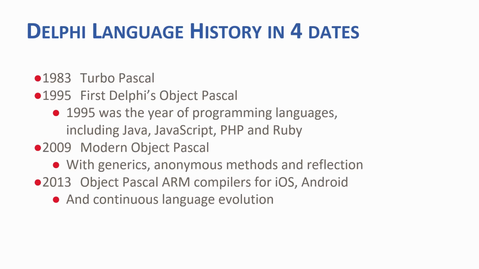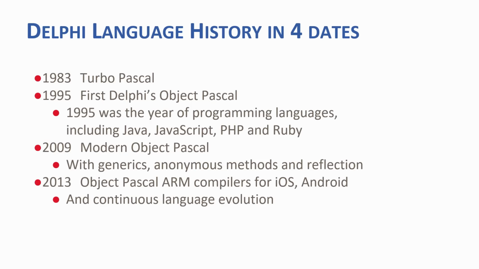So the beginning of Object Pascal as we know it today, from Borland and then Embarcadero, which evolved later, and the most important year is 2009, with the introduction of features like generics, anonymous methods, and reflection that we're going to focus on later on. Now there's another date that's important, 2013, because that's where Object Pascal moved outside of the desktop to the mobile world.